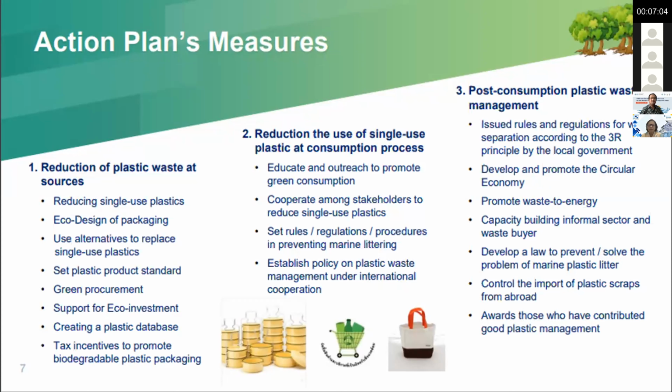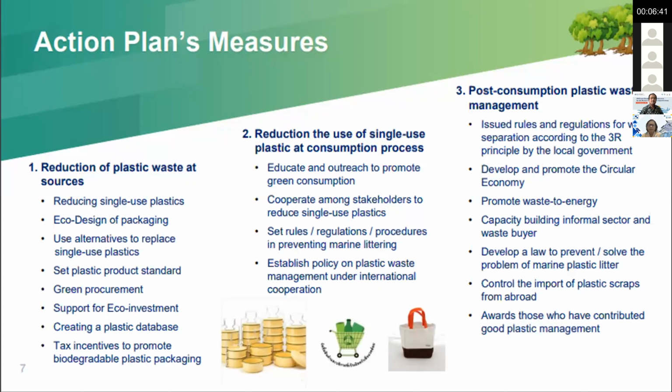2027. The framework and action plan include the life cycle assessment approach, the 3R principle: reduce, reuse, recycle, public-private partnership, the concept of circular economy, and also responsible consumption and production.